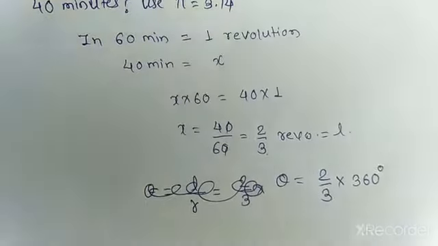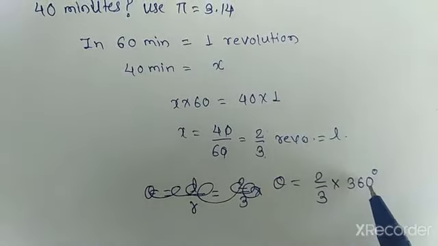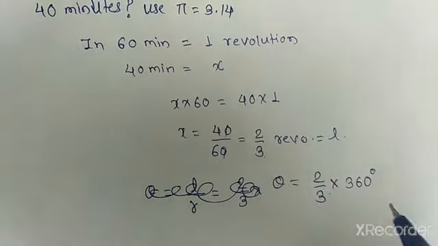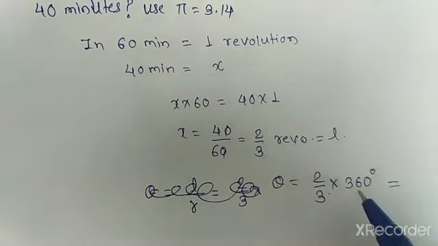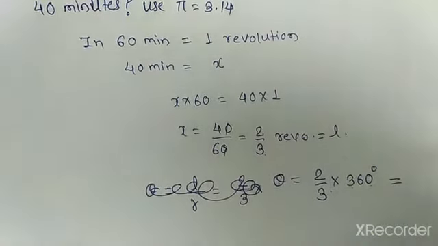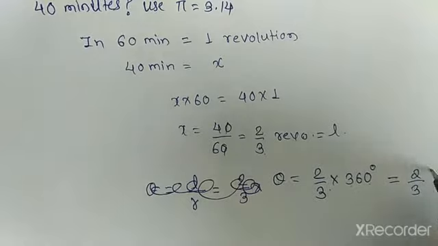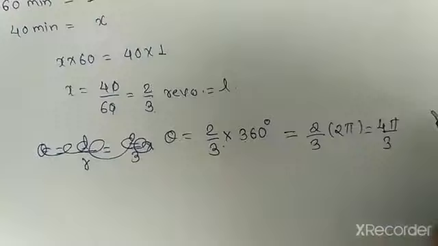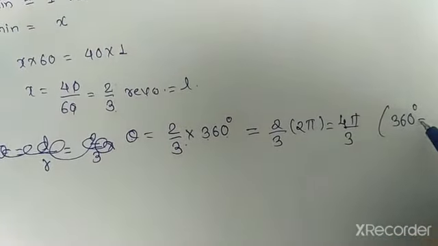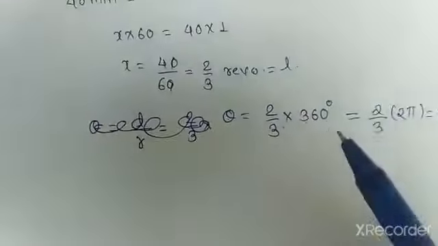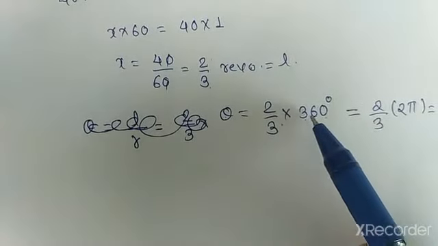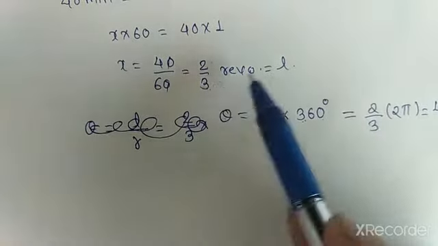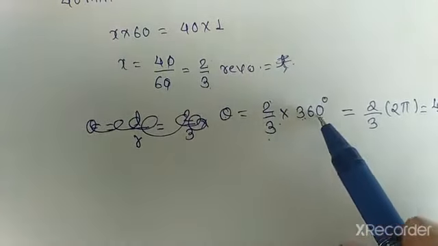That means we will get theta in terms of degrees. 360 degree means twice pi, so 2 upon 3 into twice pi is equal to 4 pi by 3. Here we write 360 degree is equal to twice pi, since one revolution is equal to 360 degree. So it completes 2/3 of a revolution, so 2 upon 3 into 360.